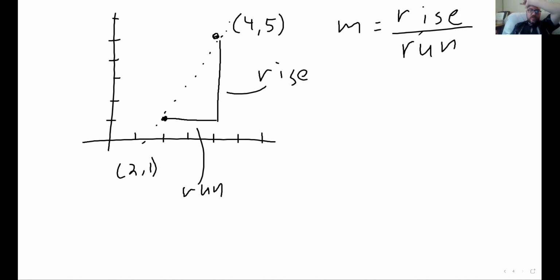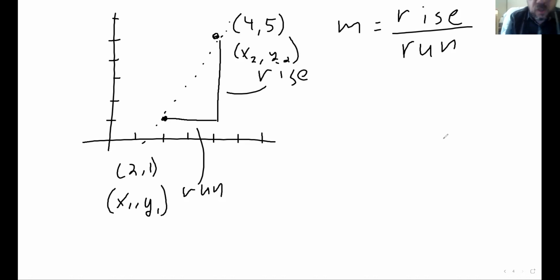So I'm going to call these points x1, y1, and x2, y2. x1, y1, just like we do in the point slope formula, and this is going to be x2, y2. And by the way, if you're not familiar with these little numbers that I'm using after the letters, those are called subscripts.